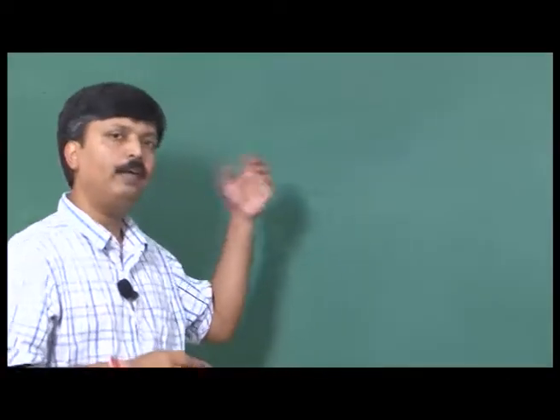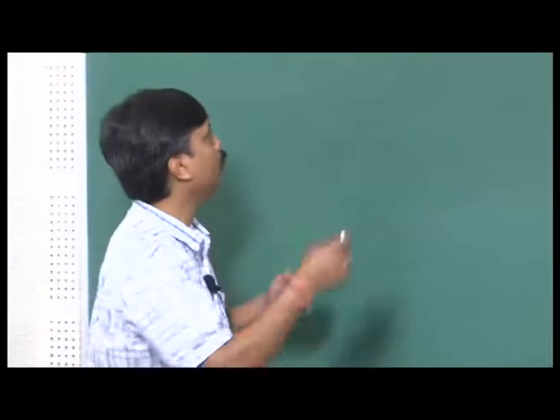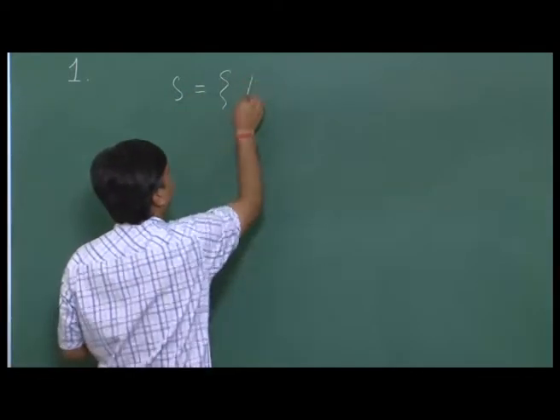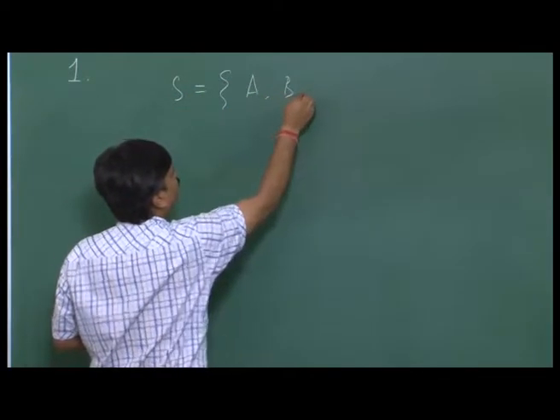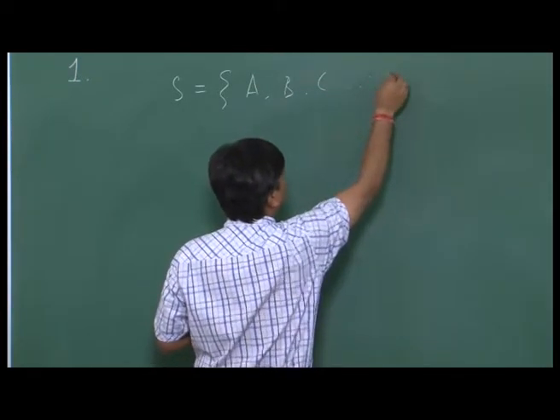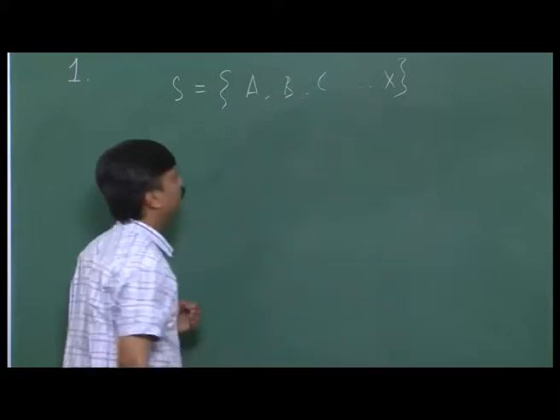So the product of any two elements, so suppose I have a set which is formed by some elements like A, B, C and so on, up to say x.